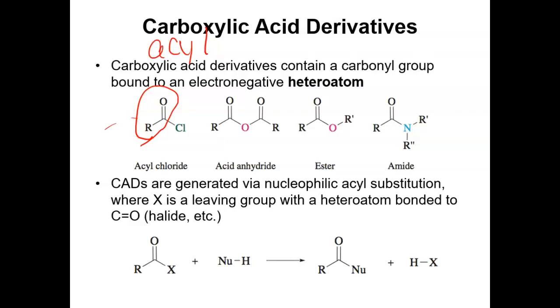Another common feature is that you always have a heteroatom bound to one side of the acyl carbonyl. In acyl chloride, you have chlorine bound to the acyl carbonyl carbon. In acid anhydride and ester, you have oxygen bound to the carbonyl carbon, and in amide you have nitrogen. So all of them have a heteroatom bound to it.